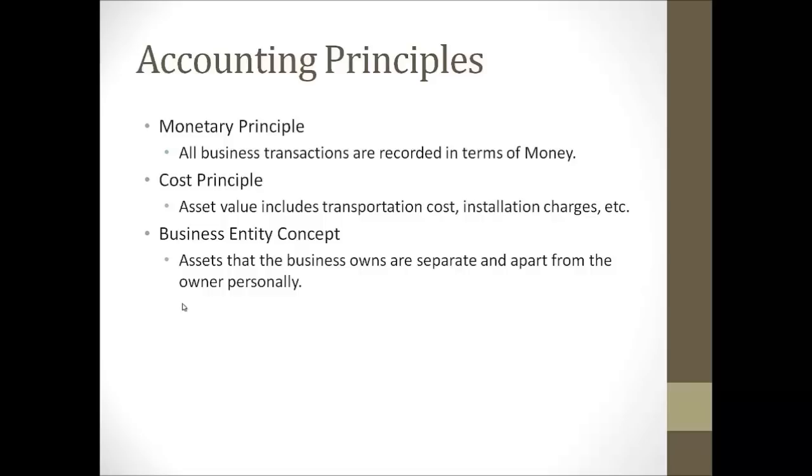So the fact that the business has $100, unless there's a formal process for the owner to take $100 out of the business, this money belongs to the business, not the owner yet.